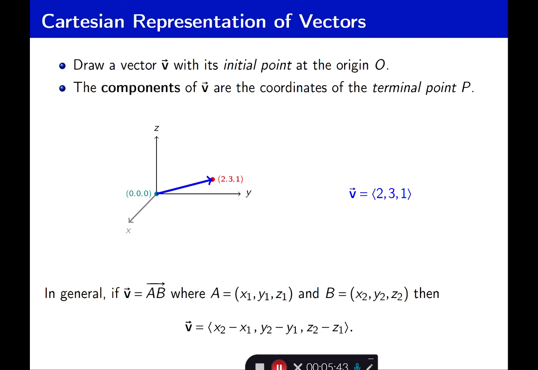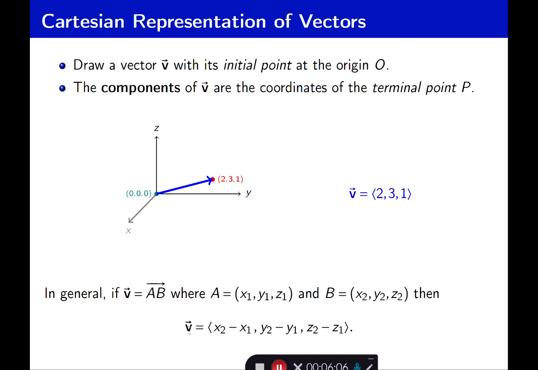In general, if v is equal to AB with the arrow on top, the initial point is A with coordinates x1, y1, z1, and the terminal point is B with coordinates x2, y2, z2.